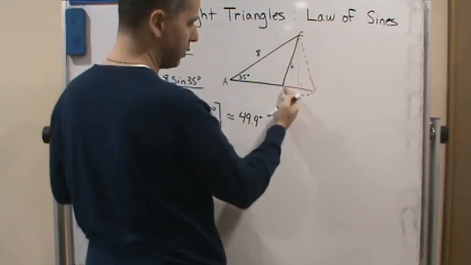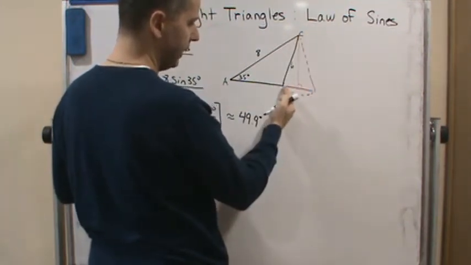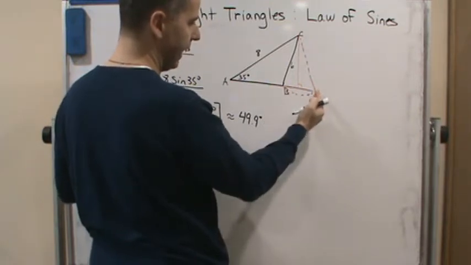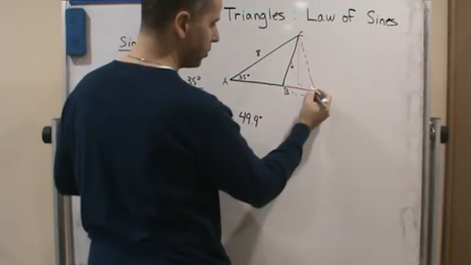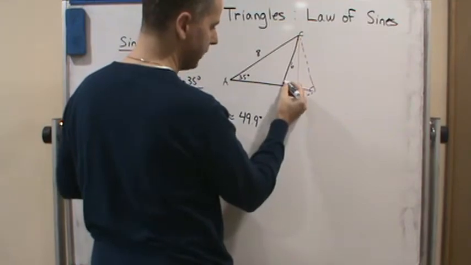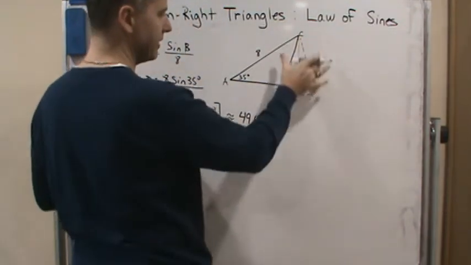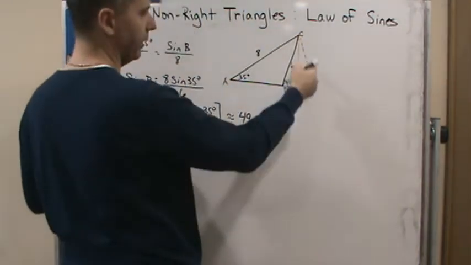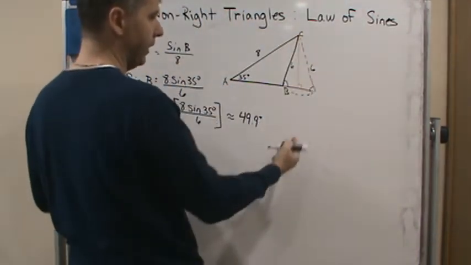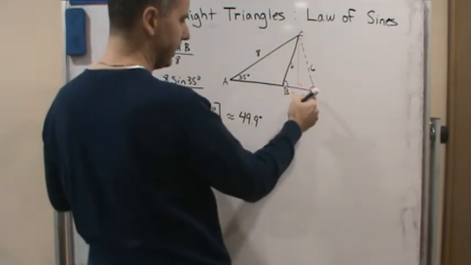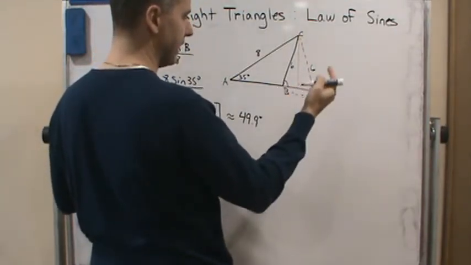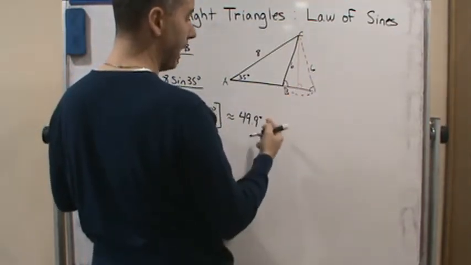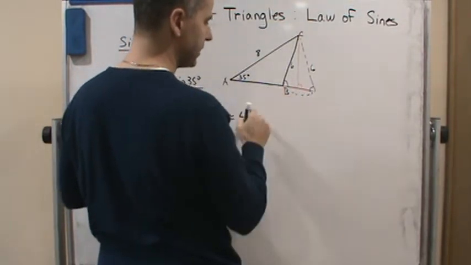As it swings through, it's going to intersect this side at the same angle. So this is an isosceles triangle, because the length doesn't change, which means this angle and this angle have to be the same.